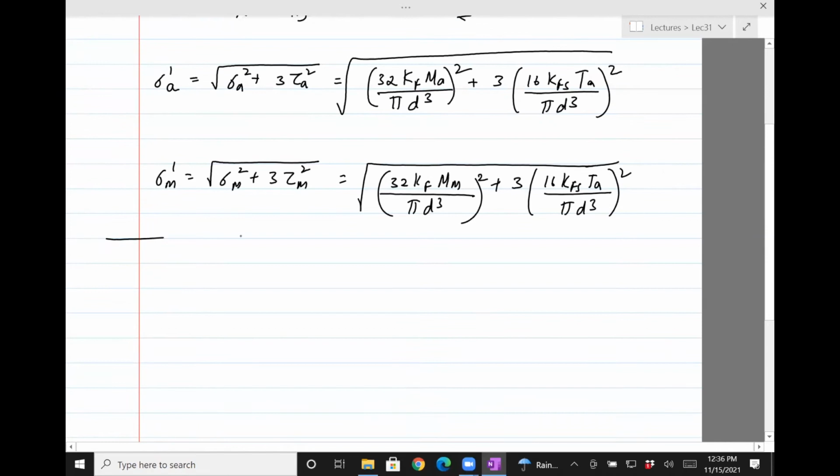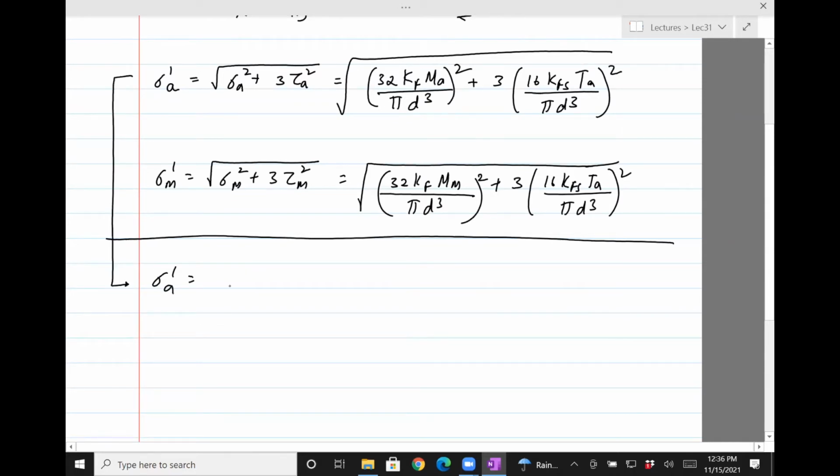This can be simplified a little bit further. Sigma A prime, the first equation, is 16 divided by pi d cubed times the square root of 4 times Kf Ma squared plus 3 times Kfs Ta squared.